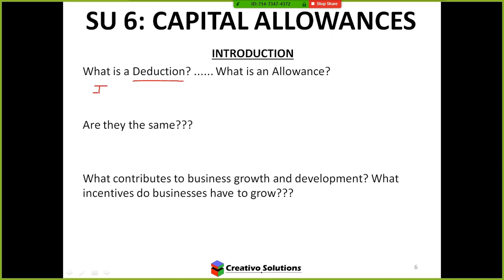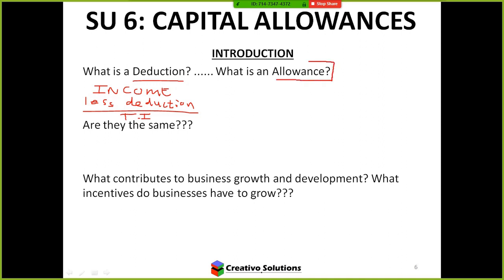Yes, taken out of your income when determining taxable income. Remember, the whole point of this is to get TI, taxable income. Income less deductions gives you taxable income after you've got to the bottom of that format.